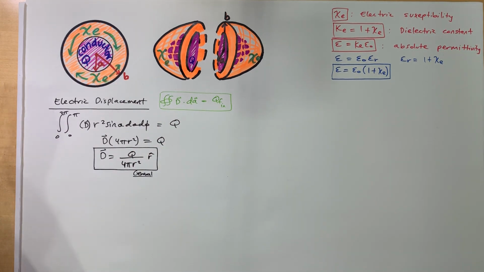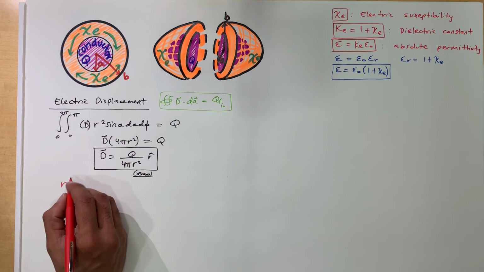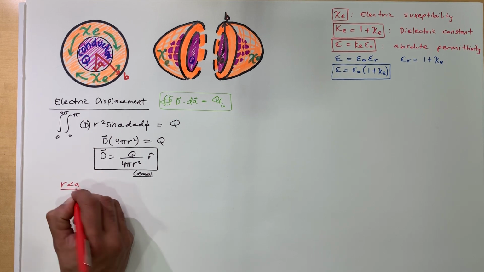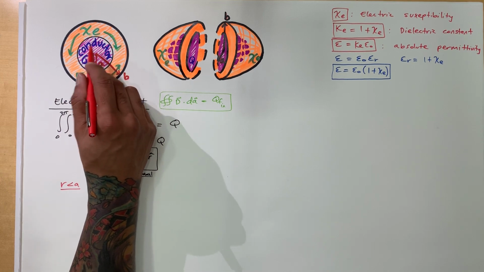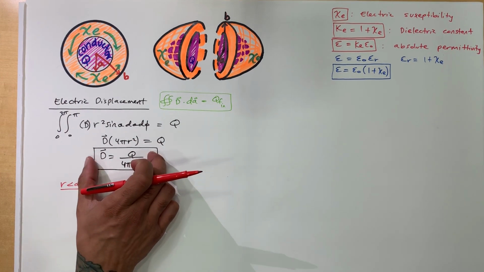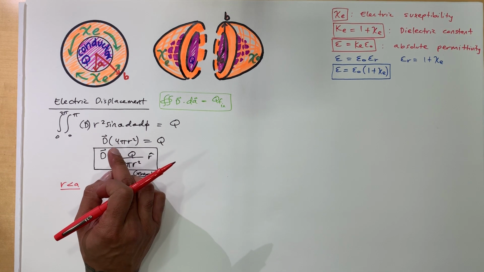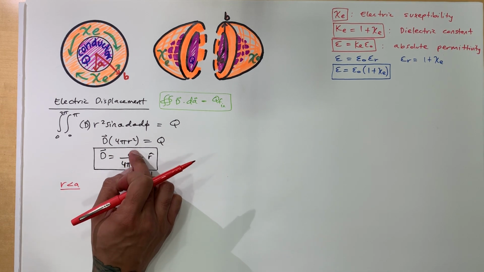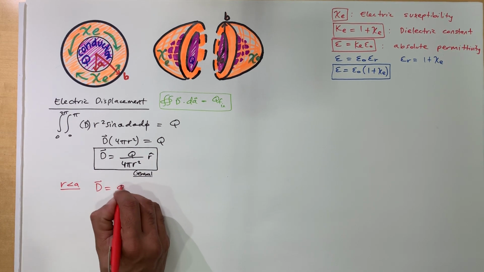So let's do that. For the region where r is less than a, so we're inside here, in the conductor, and we don't have any free charge there. We're going to have D equals 0 in that region.